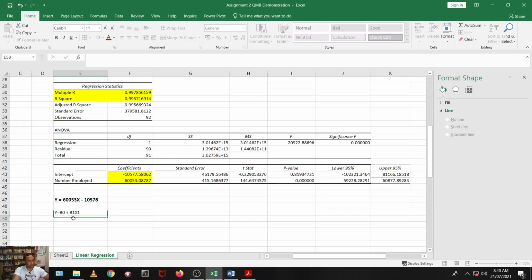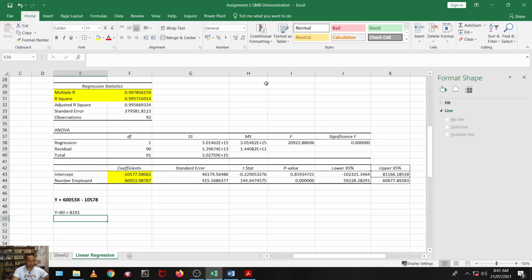Okay, b naught is the y-intercept, b1 is the slope, x is the number of staff employed, and y is the profits generated. Okay, so the coefficient 60,053 describes the relationship between the number of staff employed and profits generated.